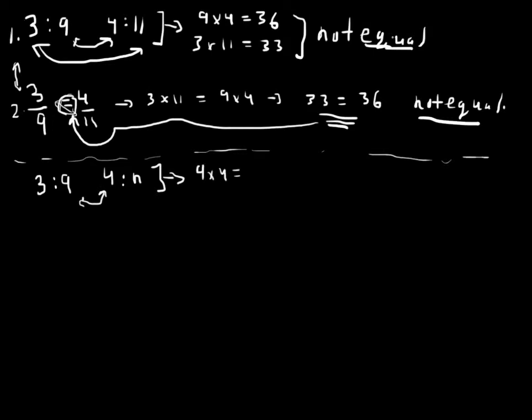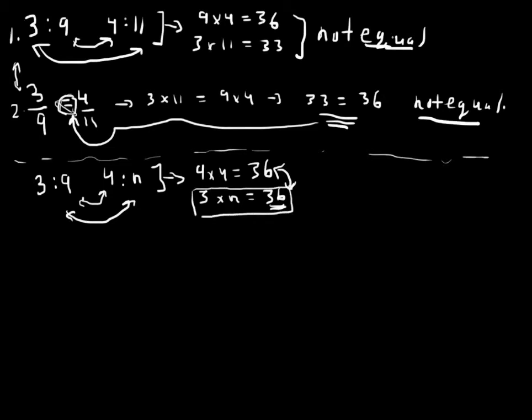Multiply the insides, 36. Do the same with the outsides, 3 times n. Since these two ratios are equal, they would have to have the same products. So they both have to be 36.